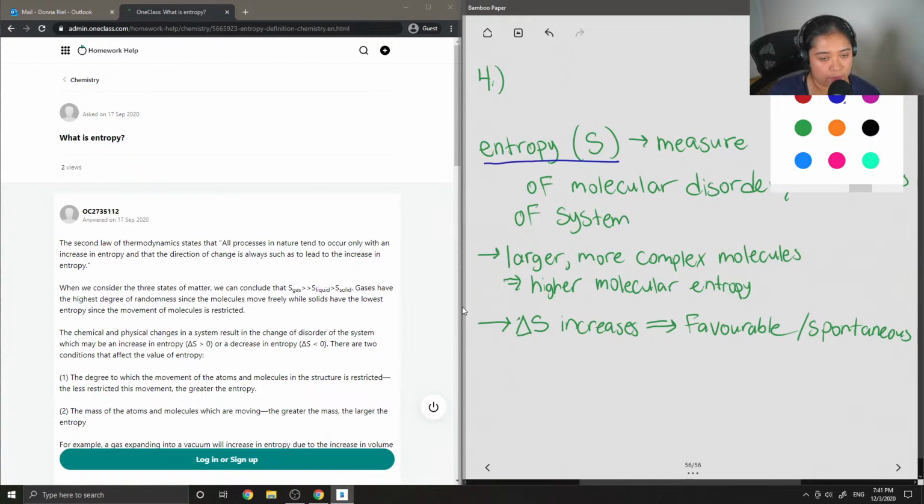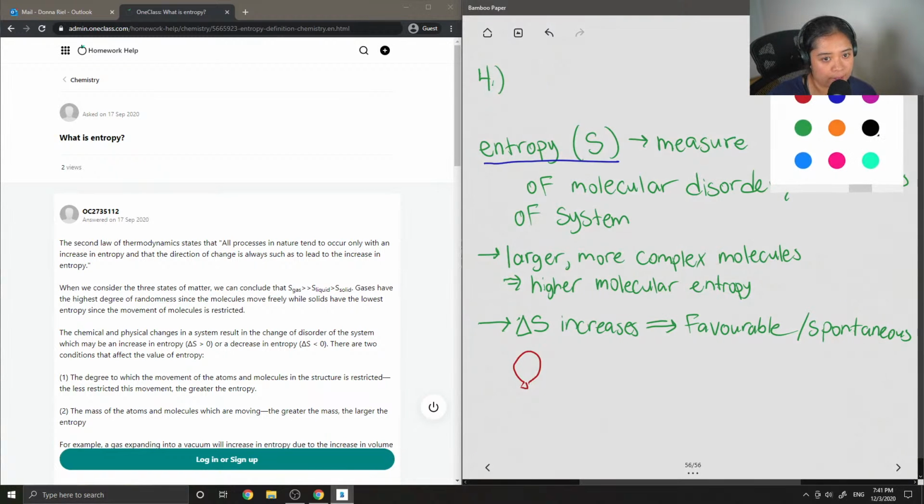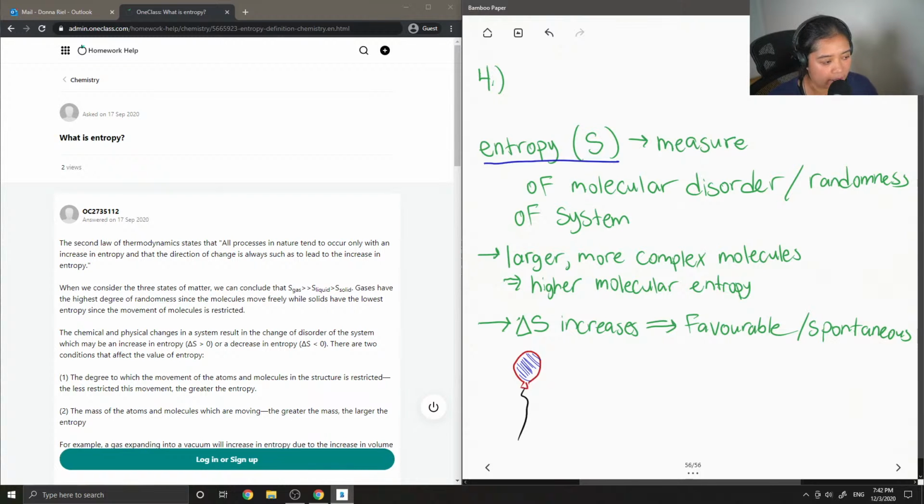So for example, let's say we had a red balloon. And inside the balloon is all of the air that keeps it inflated. So the air in the balloon has a very high pressure.